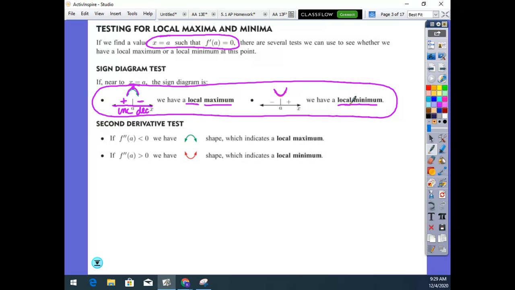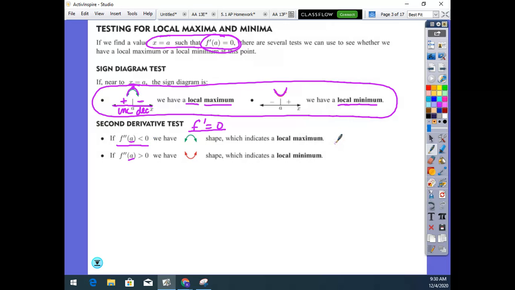The second derivative test is actually a new one, so this is going to be important. If we find where the first derivative equals 0, this is talking specifically when x is a, where the derivative is 0. If the first derivative is 0 and the second derivative is negative, less than 0, let's think about this.